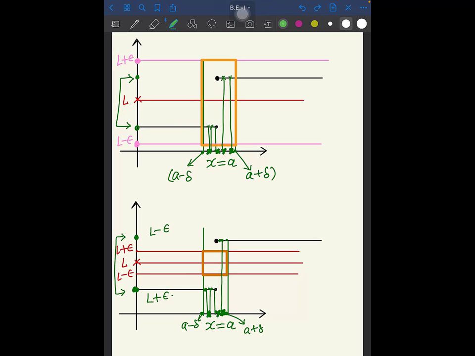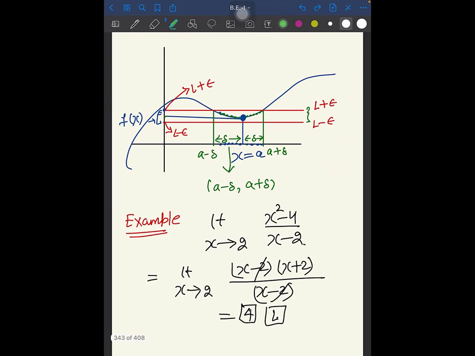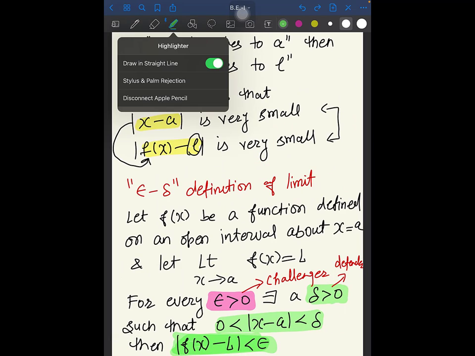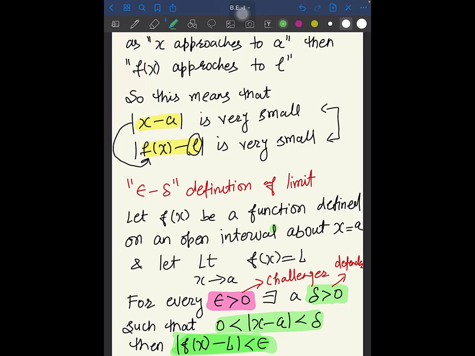So now we shall discuss the case when the limit does not exist. That means precisely we'll write the negation of this statement. So read carefully, what does this statement say?